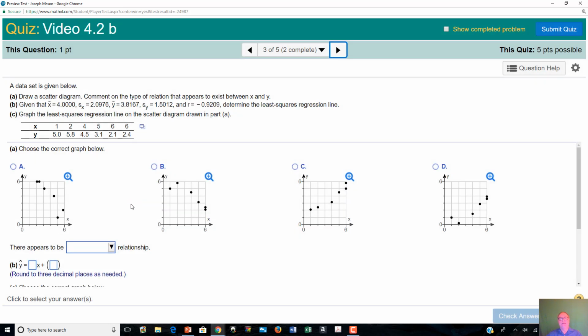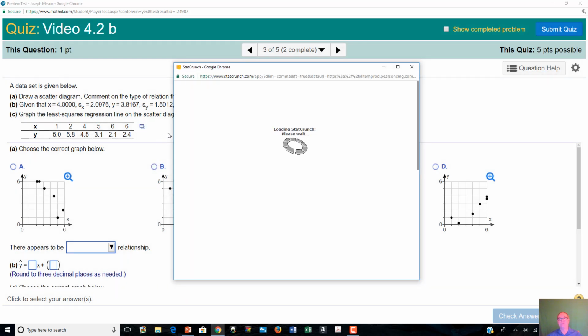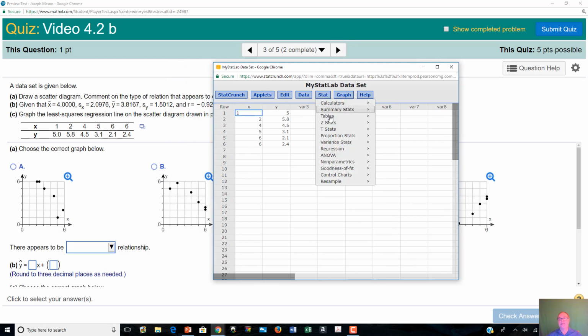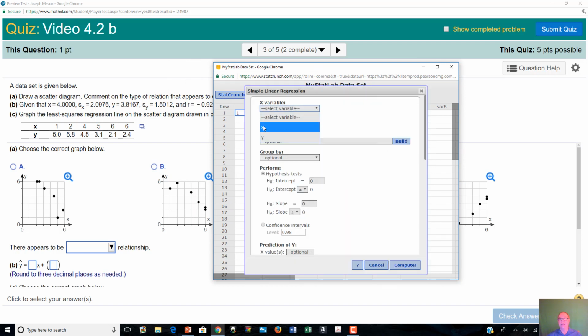Now, we're given a set of data. They want you to draw a scatter diagram and comment on the type of relation that appears to exist between x and y. So, at this point, what I can do is open my data in StatCrunch, just like we did in section 4.1: Stat, Regression, Simple Linear, choose my x value, choose my y value, click Compute.